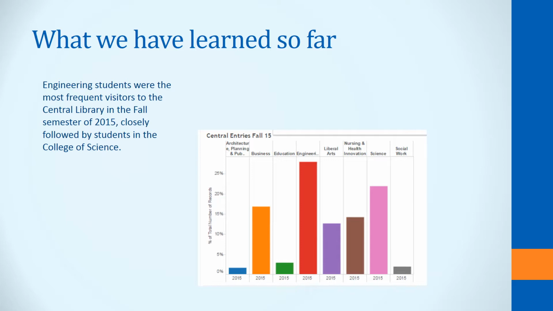It was very interesting to see, though, that we do have a high number of engineering and science students accessing the Central Library because there is a library in the basement of Netterman Hall, which is where a lot of the engineering courses are, and it is the Science and Engineering Library, so it is rather interesting to see the percentage of entries into the Central Library by students who actually have a facility in another building.